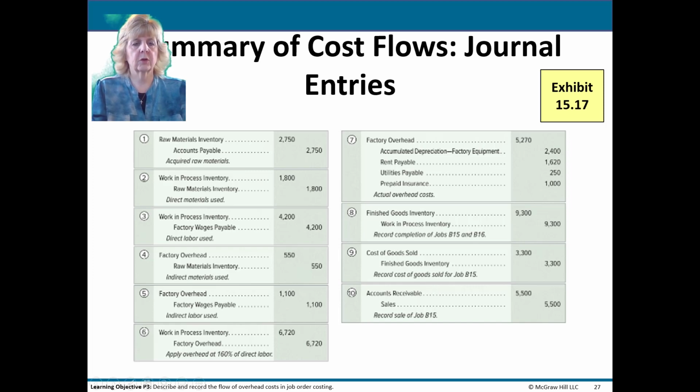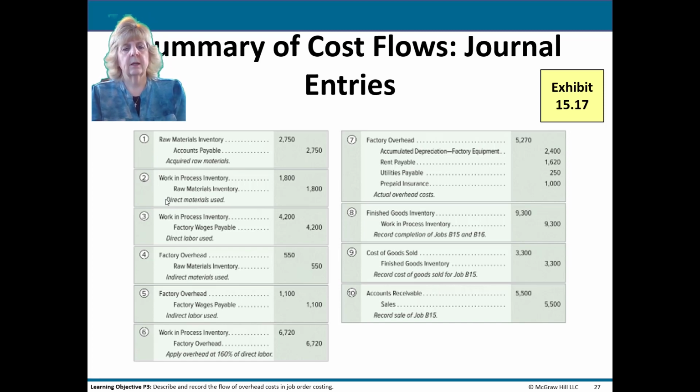In the first couple of journal entries, you'll notice that raw materials basically are comprised of two items: raw materials coming into the factory, being delivered to the factory, and then raw materials being used in the factory, either in a direct capacity or in an indirect capacity.